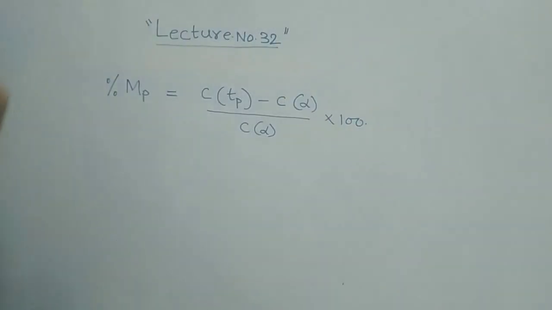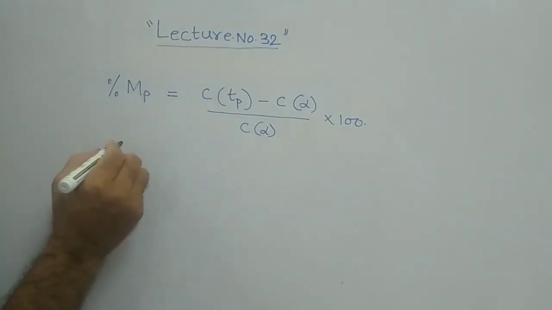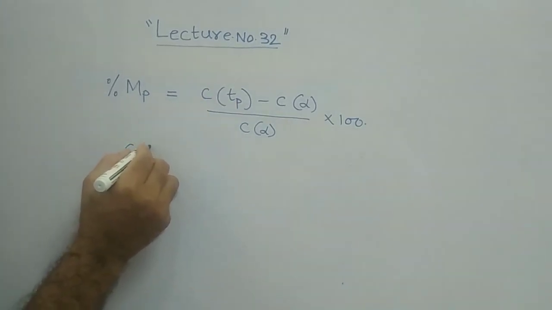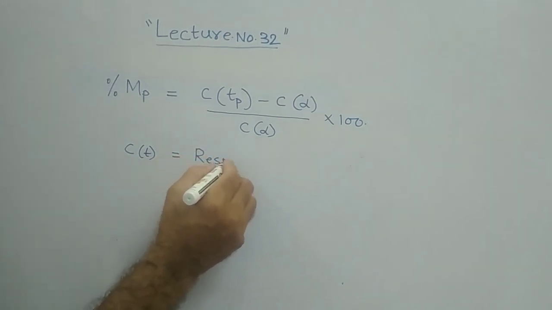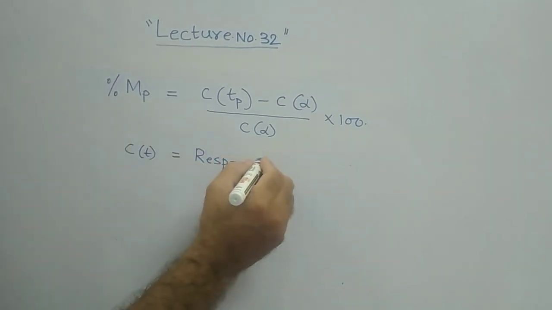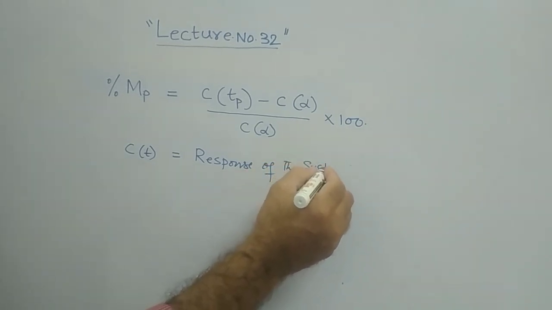That is its definition. What is C? C of t is nothing but your response. Always remember, C of t is the response or output of the system for the given system.